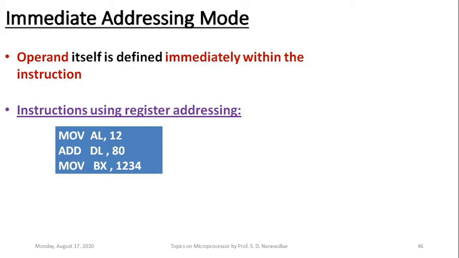It clearly means that in case of immediate addressing mode, even though the destination is a register, if at the source location there is either 8 bits of immediate data or 16 bits of immediate data, then this instruction is exhibiting the immediate addressing mode here.